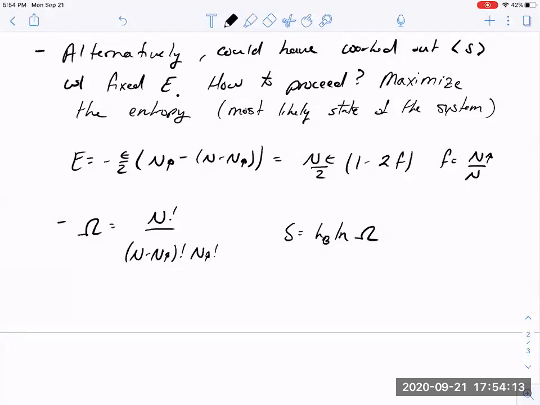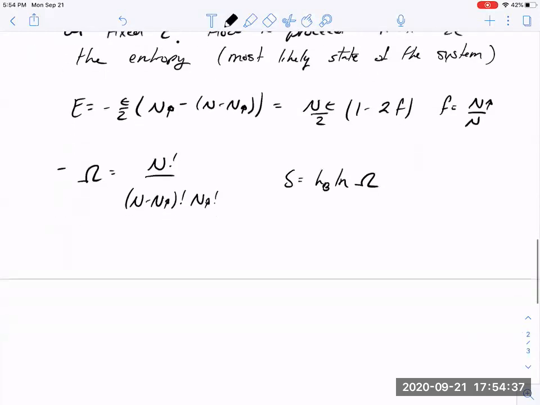Now we want to maximize that entropy, which is not so simple to do if we're imagining that those factorial functions are defined for integer n. That's not a nice smooth function, but there's a limit where we can approximate that factorial function to be something smooth and easy to differentiate, and that would be a large N limit.